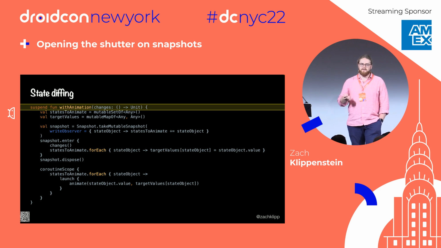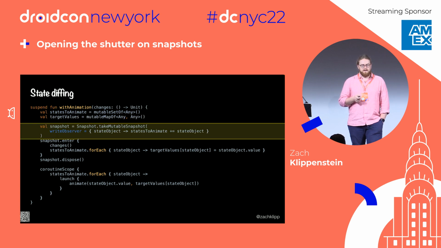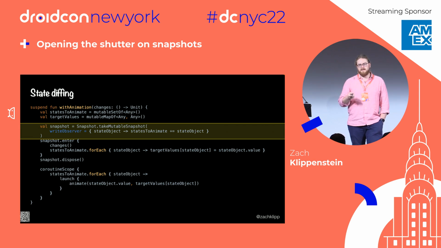So we're going to start with the suspend function because it's animating, and in Compose, animations are done with coroutines. Then we're going to take a mutable snapshot. In this case, this mutable snapshot is probably going to be a child of the global snapshot, like we saw in the other walkthroughs. takeMutableSnapshot takes two optional parameters, a read observer and a write observer.